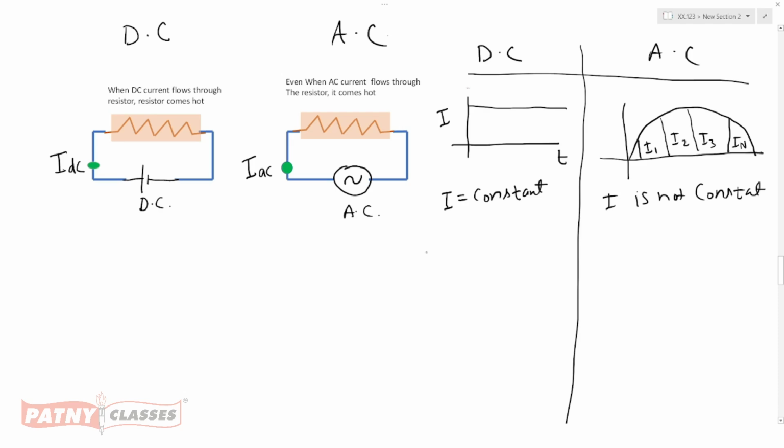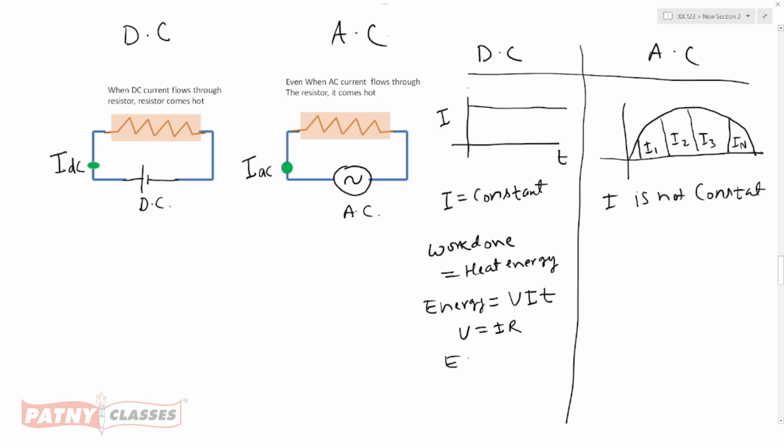So in case of DC, work done is converted into heat energy. And what is the formula for energy? The formula for energy is nothing but voltage into current into time. But V equals IR.